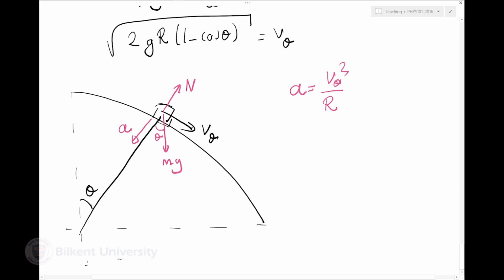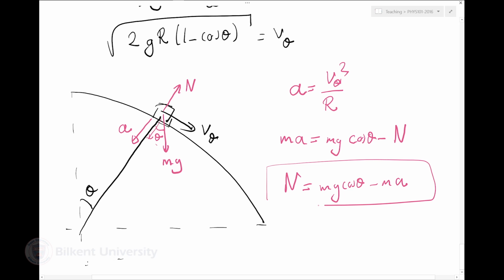So now, what is ma equal to? ma is equal to the sum of forces in that direction, right? So it's going to be mg cosine theta minus N. In other words, N is mg cosine theta minus ma. That was what I wanted to find out.